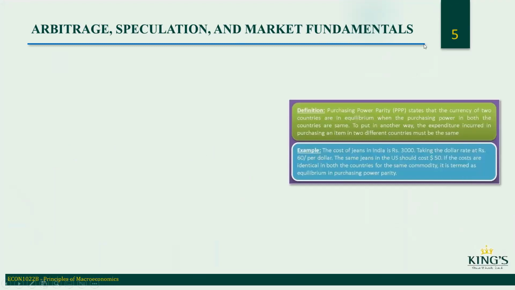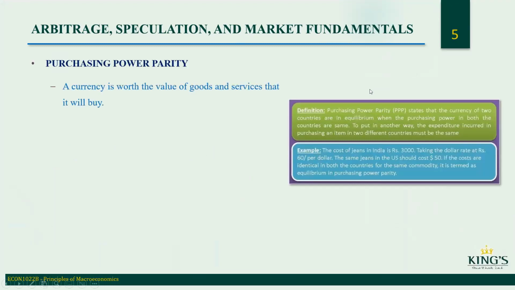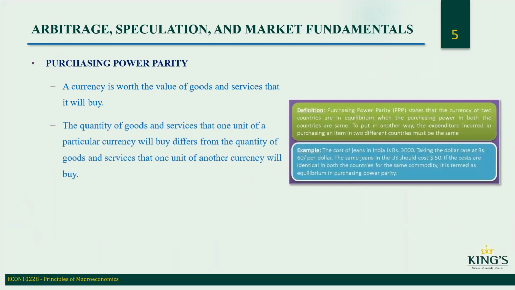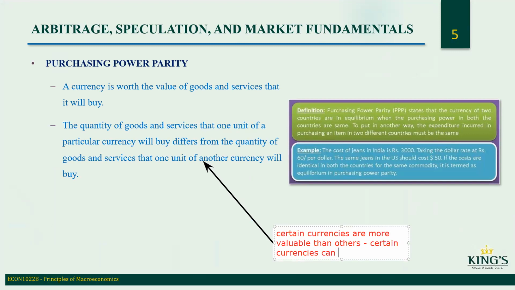So purchasing power parity: a currency is worth the value of goods and services it will buy. The quantity of goods and services that one unit of a particular currency will buy differs from the quantity of goods and services that one unit of another currency will buy. That basically means that certain currencies are more valuable than others, so certain currencies can buy more goods than others.